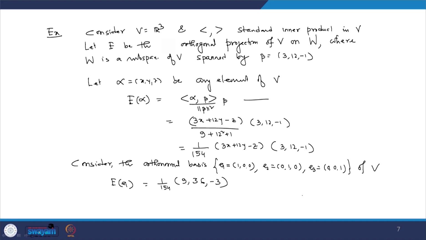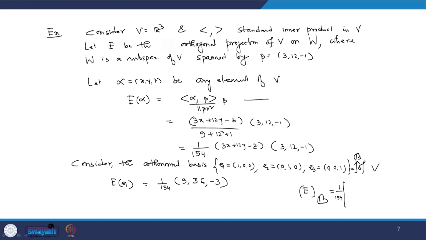If I consider the matrix representation of E with respect to the ordered basis, let me denote it by B. The first column will be 1 by 154 times (9, 36, -3), because this factor is common to all.